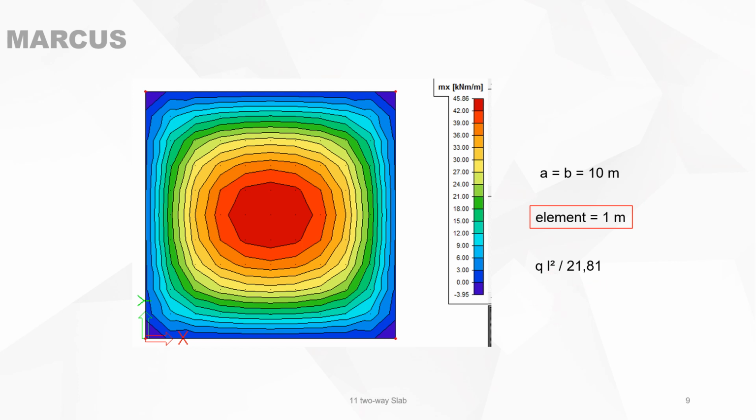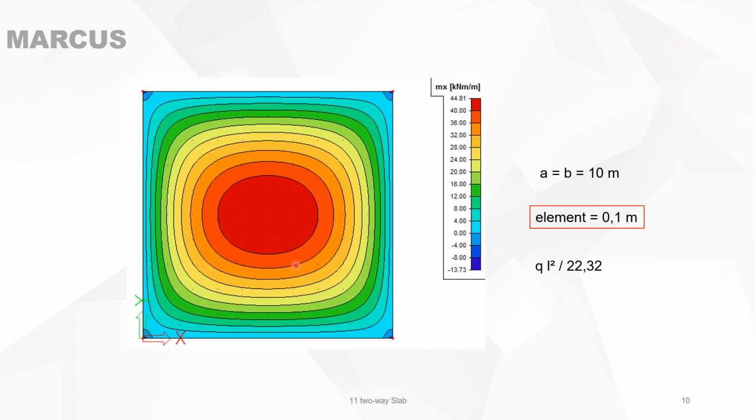Now the same program with exactly the same parameters, but now we put the element size at 0.1 meter. So we have now more elements in it. You recalculate it and you see that you have another maximum bending moment. So even within the same method, you arrive at different bending moments. So be careful if you calculate bending moments in slabs. It is not so that the maximum bending moment is really fixed on one figure.